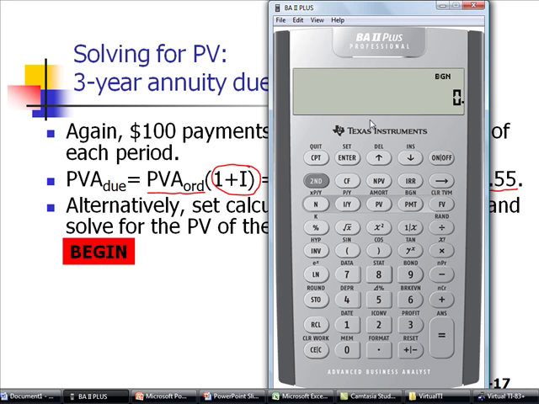And you'll see there's a little friendly reminder in the corner of the display, BGN, that says, hey, you're in begin mode. That's annuity due mode. So you can go ahead and now, you don't even have to change anything in here. You can just go ahead and compute the present value in this mode, and you'll get 273.55 like we said on this slide. And you could have done the same thing had it been a future value problem as well.